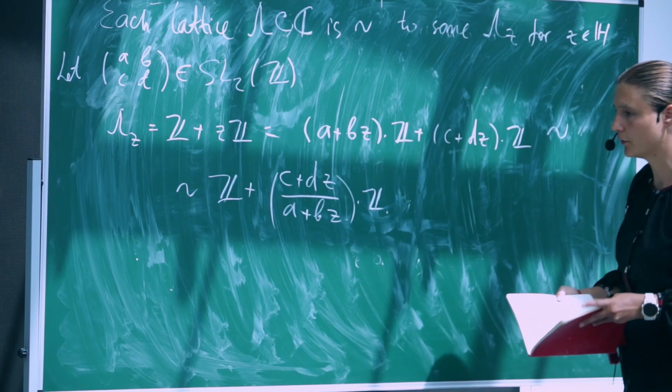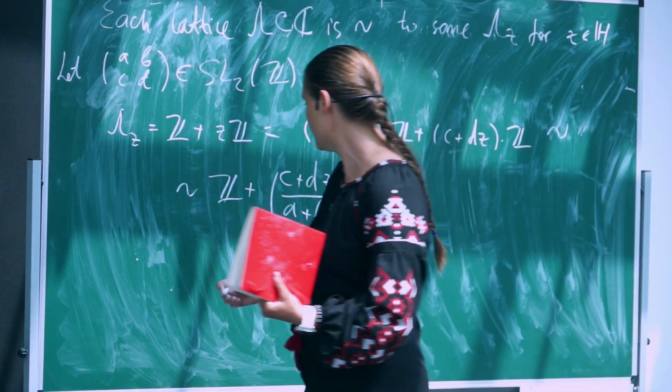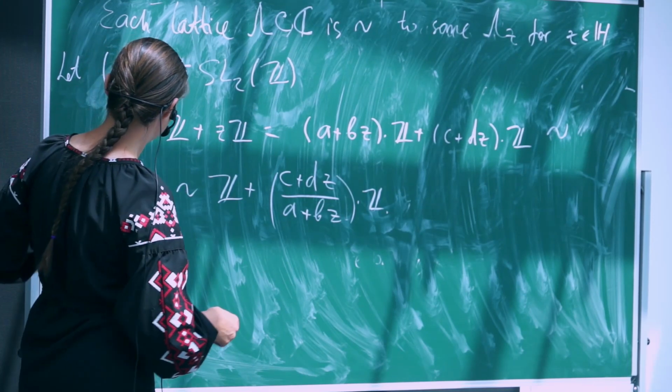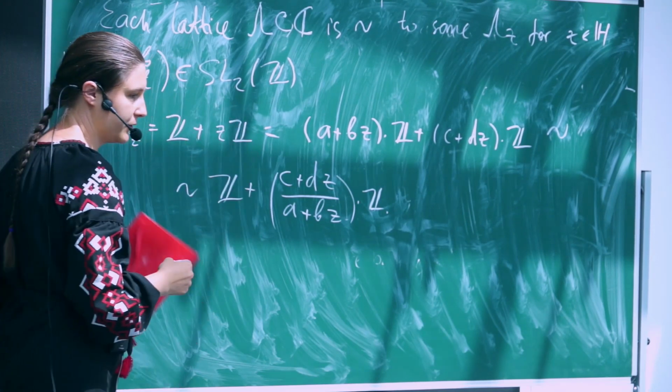And so if you really want to have a space of lattices, we have to consider the quotient of the upper half plane by the action of SL_2(Z) by linear fractional transformations.